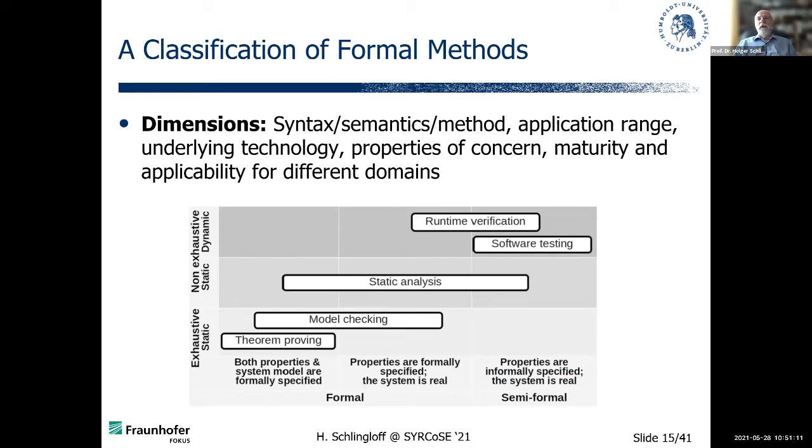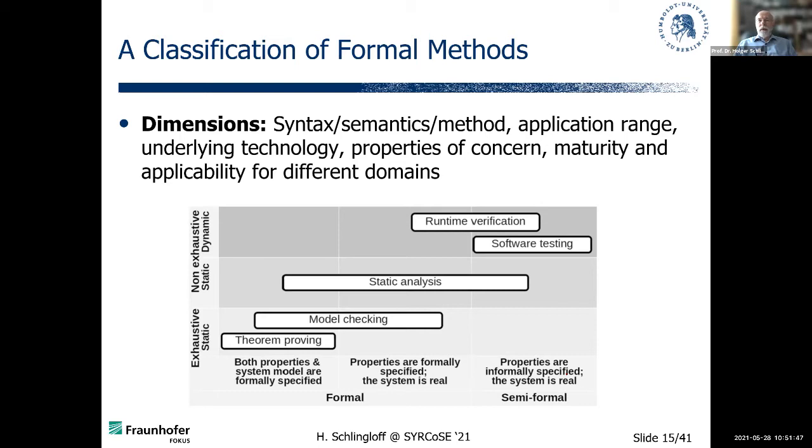So there are many dimensions according to which formal methods can be classified. First of all, you can classify them according to what syntax is being used, what semantics is being used, which method is available. But then other dimensions are the application range, the technology which is underlying the properties which are being formulated or which you can verify or look at. And then, of course, the maturity and applicability for different domains.